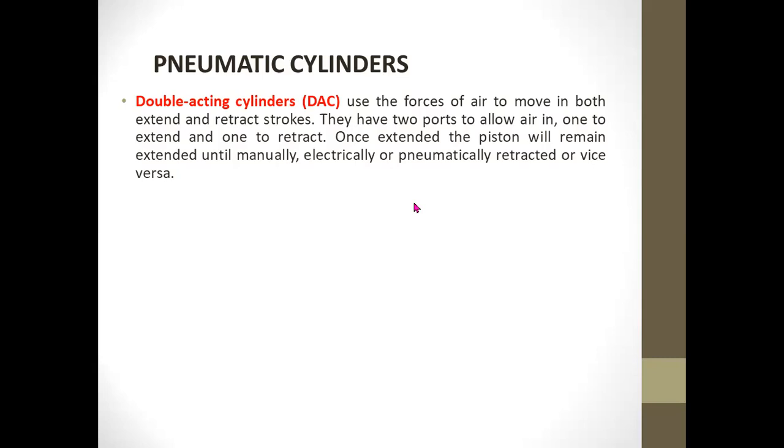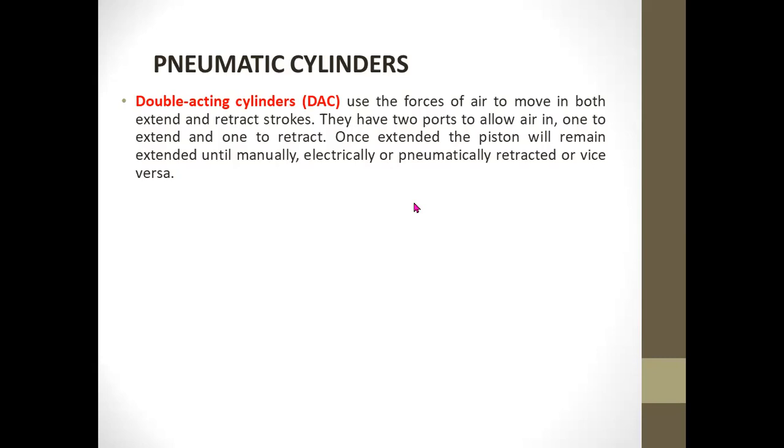One port is used as an inlet of the air for the extension process of the cylinder, and the other port is the inlet of the air for the retraction process.